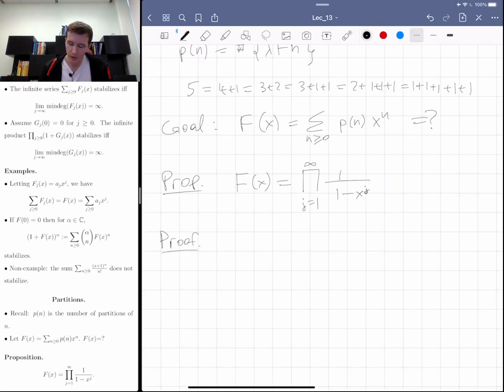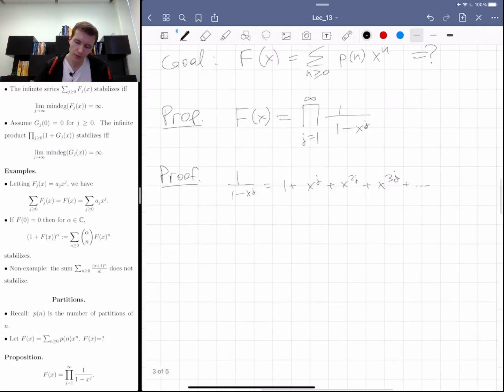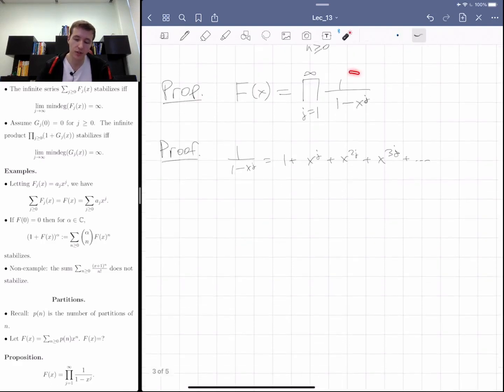Well, maybe before I do the proof, let me try to expand this product a little bit. As you remember, 1 over 1 minus x to the j is 1 plus x to the j plus x to the 2j, x to the 3j, etc. So if I write down the first several terms in this product, what am I going to get?